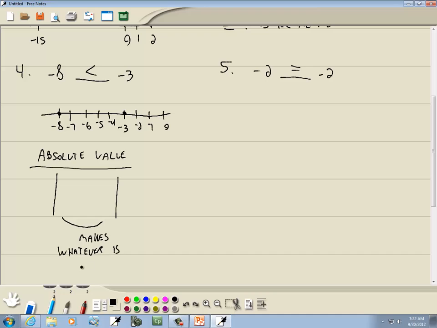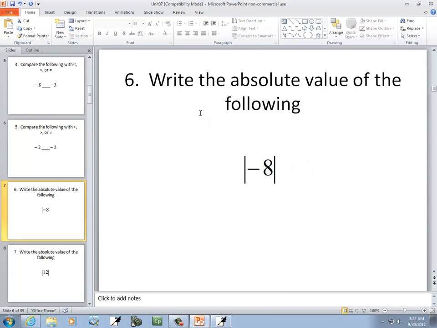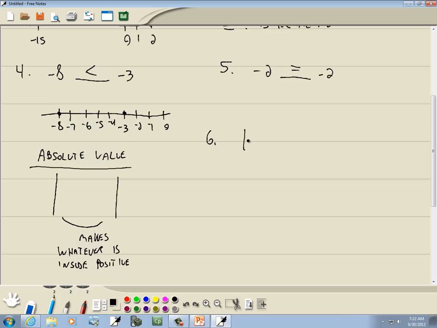So in this one, I have the absolute value of negative 8. Again, makes whatever's inside positive, so this becomes a positive 8. And that's our answer.